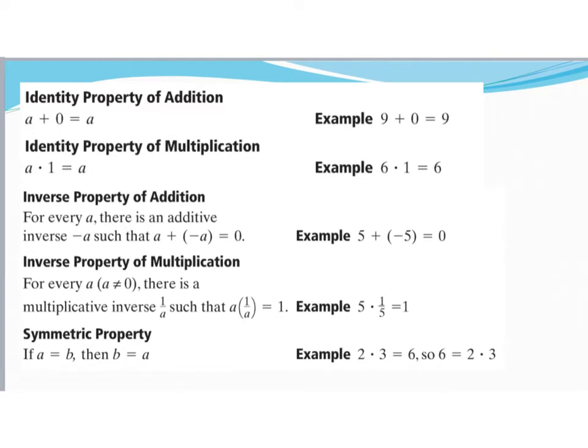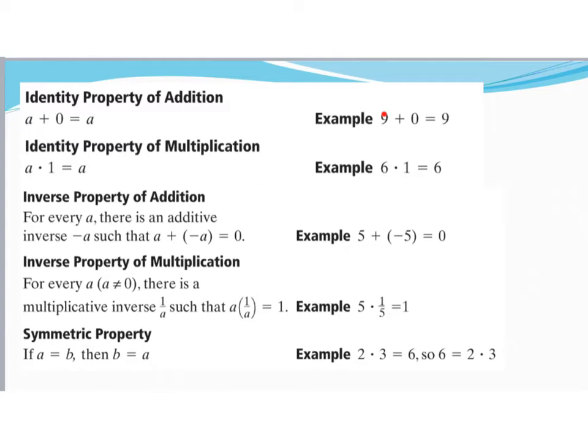Next, we have the identity property of addition. Now the way you need to think about this is, remember, an identity is like it stays the same or it doesn't change. So for the identity property of addition, you have to say, what can I add to something so that it does not change the end result or does not change that original number? So in this case, I can add 0 to any number and I still get that original number.